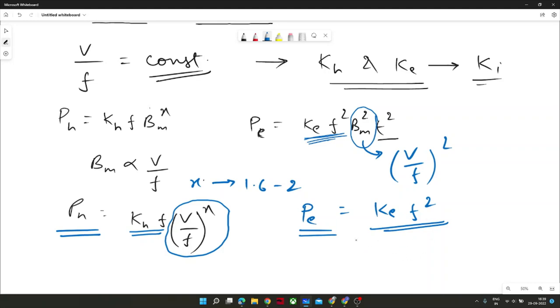In a motor, or in any machine, you have to take care. It might not be quantifiable to you, but generally in a machine, if you go to higher speed, the iron losses become dominant compared to your copper loss.